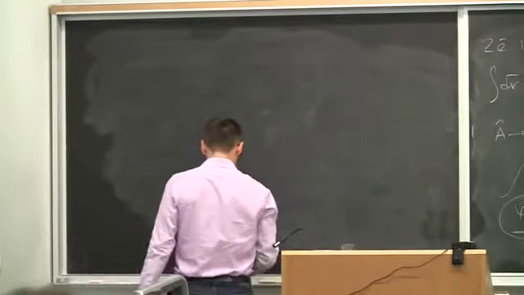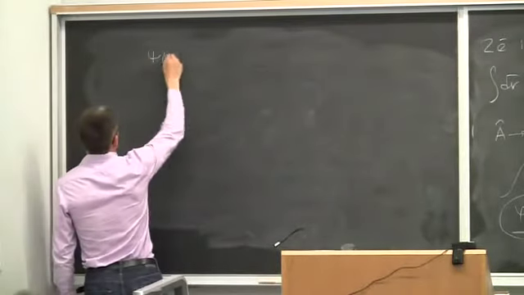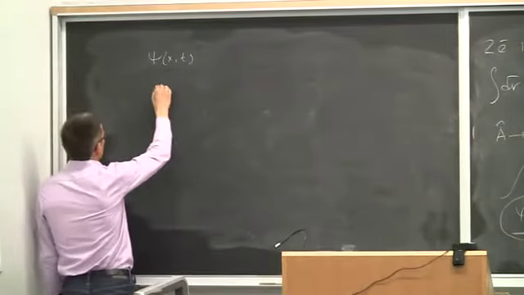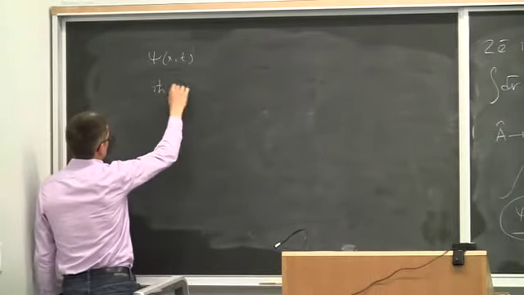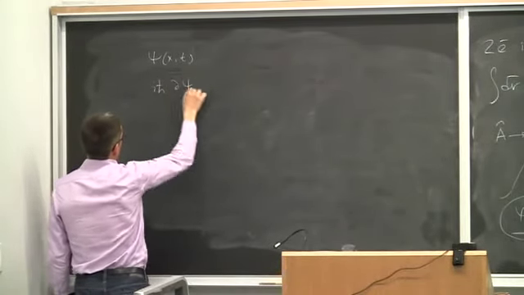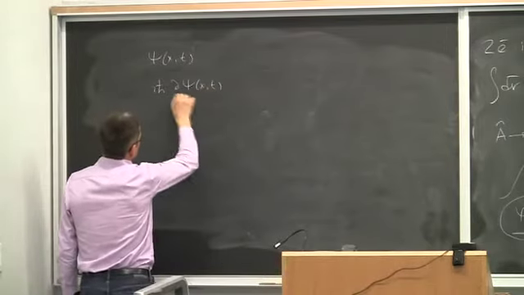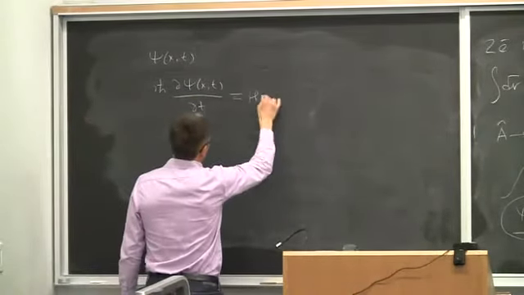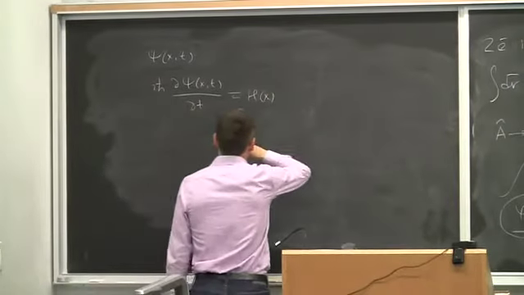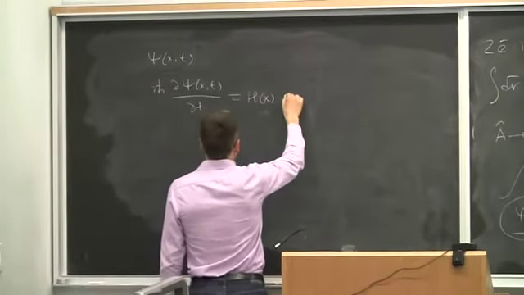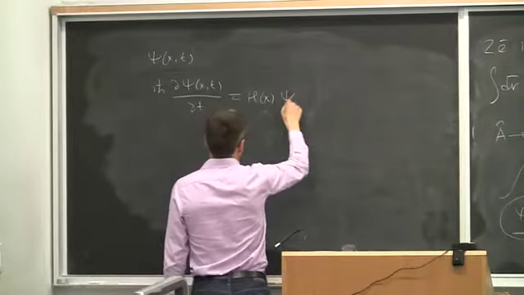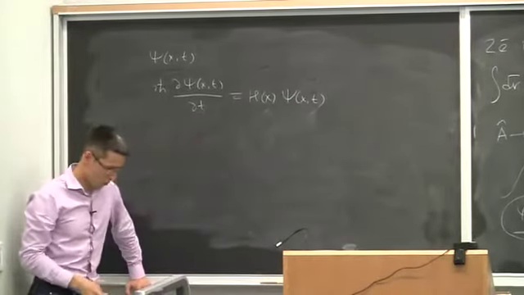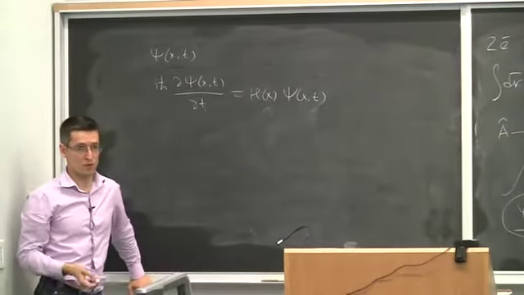Say we have an arbitrary function x, t, that is a solution of the time-dependent Schrödinger equation, and h depends only, say, on x. This is just a normal setup in any quantum system.